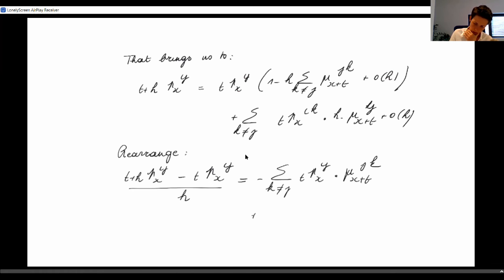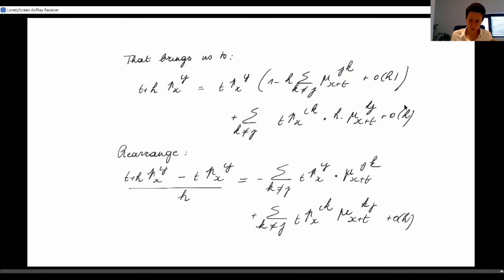And then I've got the sum over k different from j of t p x ik multiplied with mu x plus t kj plus one little o of h, because I've got two little o of h over here, but of course taking them together reduces to one.